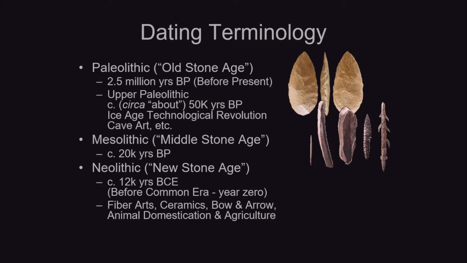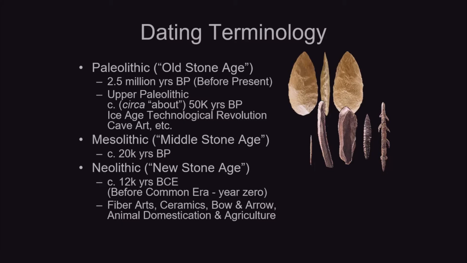And so for the sake of sensitivity, we don't want to use a term that is exclusive to Christian civilization. We want to be more inclusive than that. So that's what that means. And so you'll also see the antecedent to that: if you have before the Common Era, you have Common Era. And Common Era is everything after the year zero.